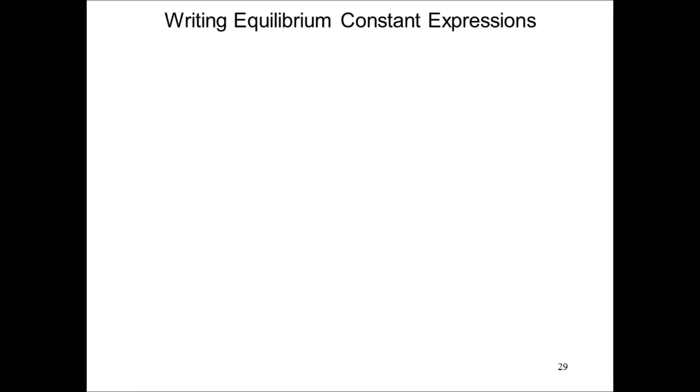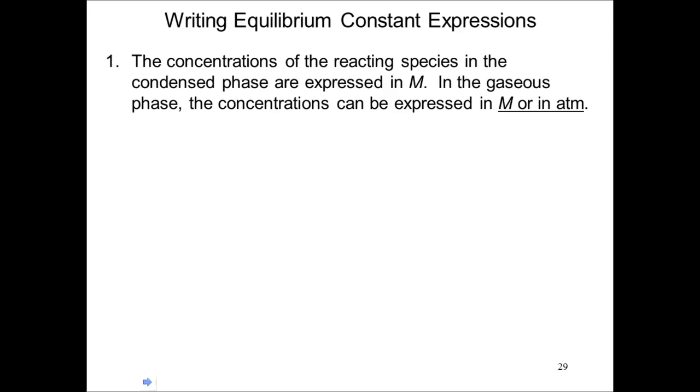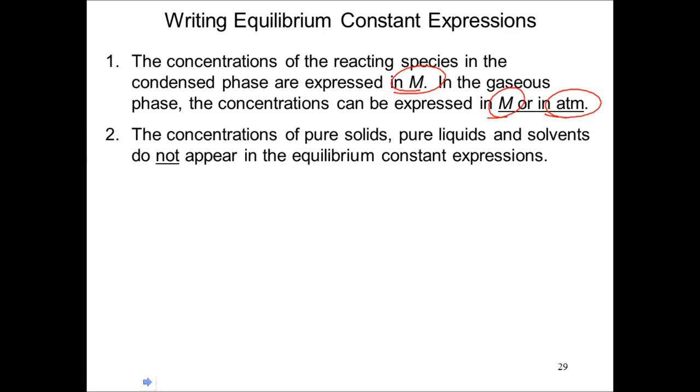So on slide 29, writing equilibrium constant expressions, let's summarize. Number one, the concentration of the reacting species in condensed phase are expressed in molarity. In the gaseous phase, you have two options, molarity or atm, or these partial pressures. Number two, concentration of pure solids, pure liquids, and solvents do not appear in equilibrium constant expressions.